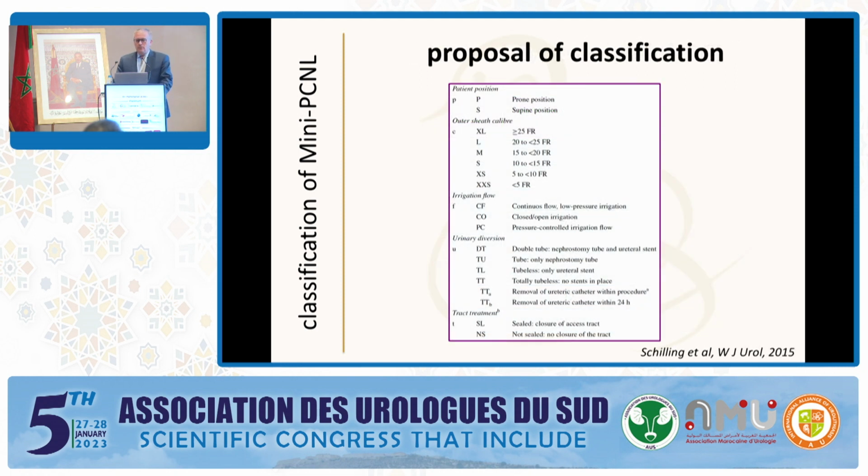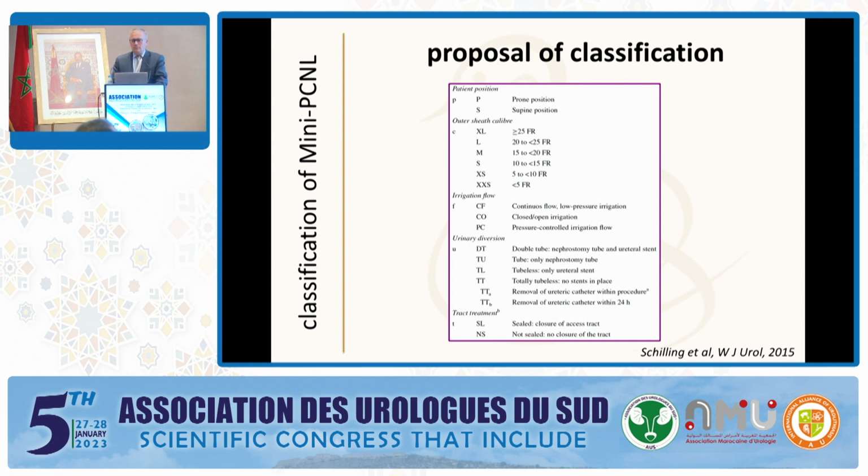A few years ago, there was a letter to the editor of the World Journal of Urology, and there were some colleagues who had a proposal for a classification of mini PCNL. They described a special classification where the patient position was mentioned, the outer sheath of the Amplatz sheath, the irrigation flow, the urinary diversion after the procedure, and the tract treatment.